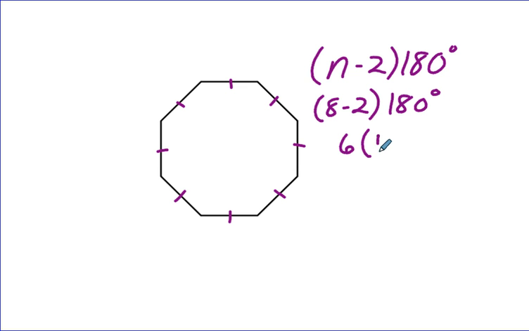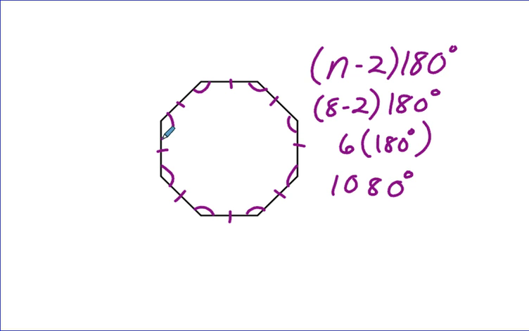Then 6 times 180 degrees. I believe that's 1,080 degrees total if we were to add 1, 2, 3, 4, 5, 6, 7, 8 angles. So the total is 1,080 degrees inside this regular octagon.